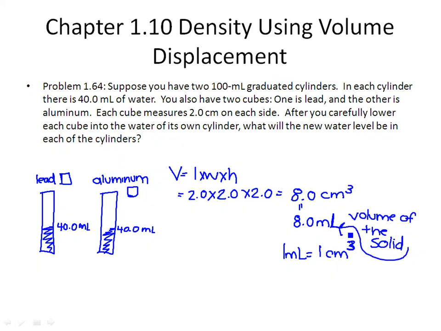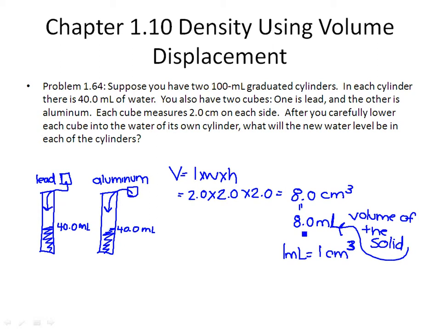This is equal to the volume that will be displaced when we carefully drop these in, as we're doing in the lab. Both of them have the same volume, so the water displaced is going to be equal for the lead and the aluminum. So it really doesn't matter. A lot of students don't see that you get the same volume for both the lead and the aluminum. It's not a trick question, it's just really making you think.